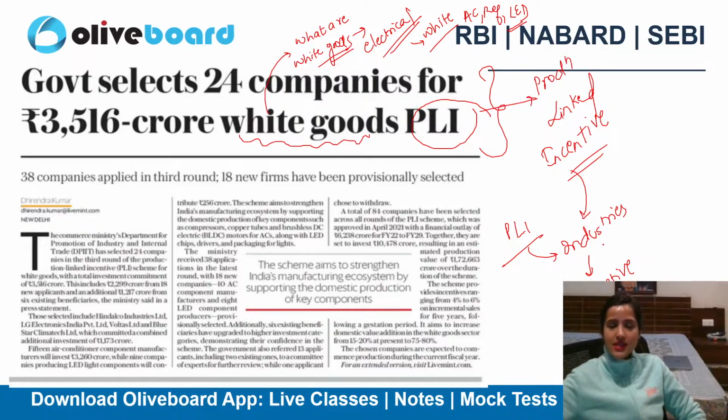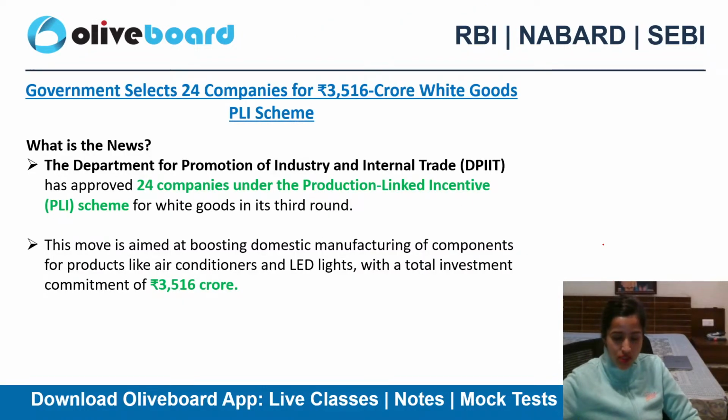Now, government selects 24 companies for 3516 crore white goods PLI. So what is the news? That the Department for Promotion of Industry and Internal Trade has approved 24 companies under the Production Linked Incentive Scheme for white goods in its third round.